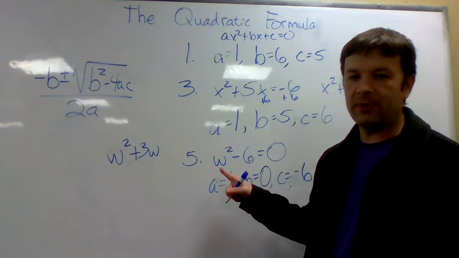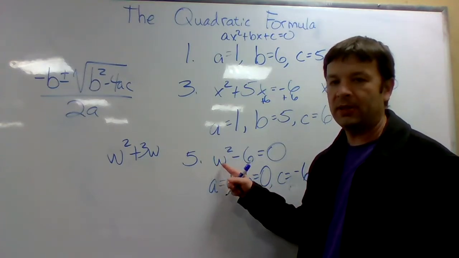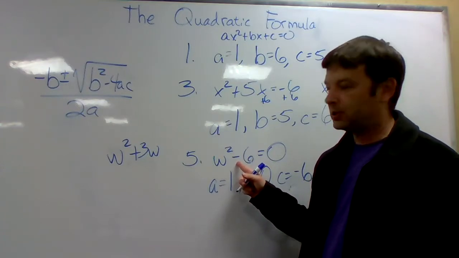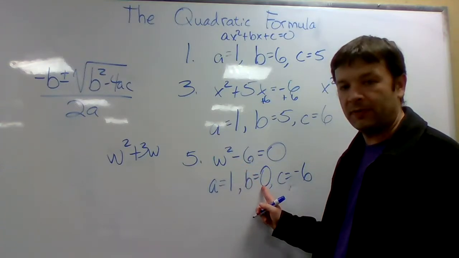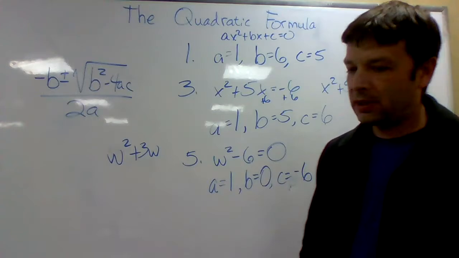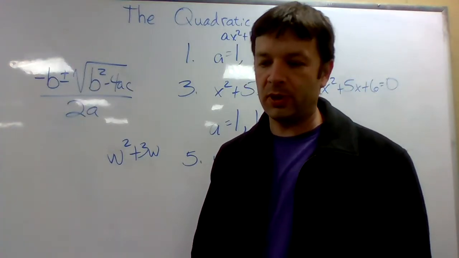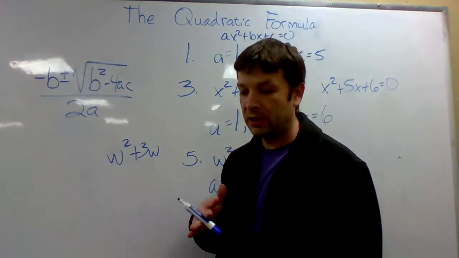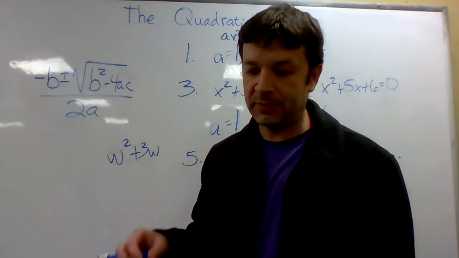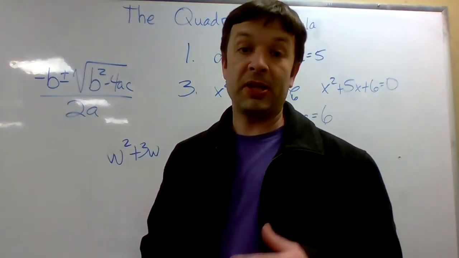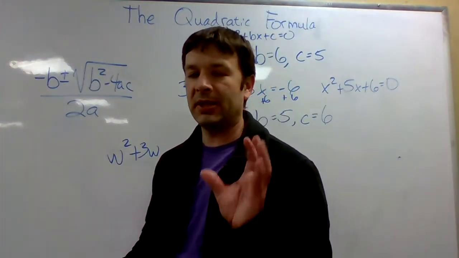You see they're missing one of the terms. They've got the first term and the last term, but not the normal W term in the middle. So the B value for the middle term is 0, since there is no middle term. Normally they will look like number 1, just in order, 1, 6, 5. Sometimes they don't have that middle term, like they take out the 6x. That would be like a 0x, a 0 in the middle.